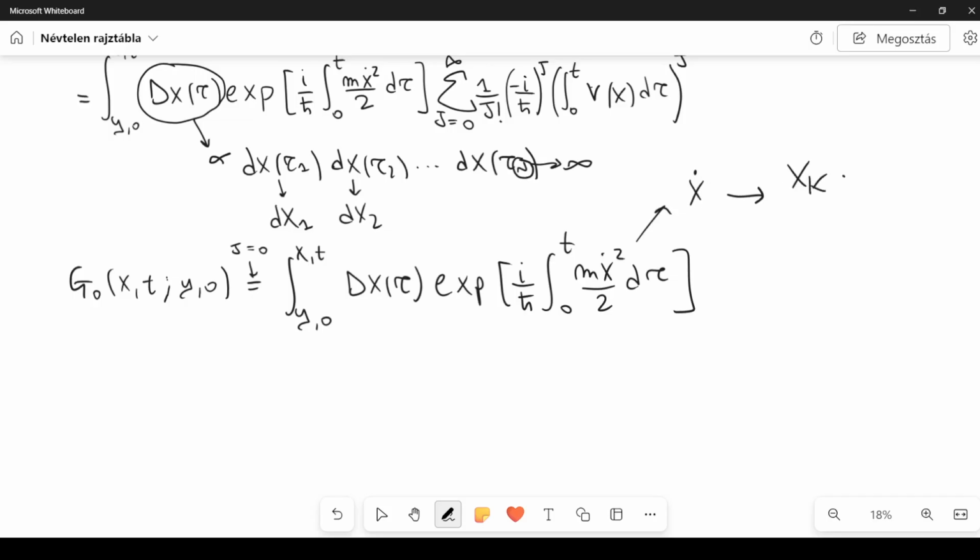So we have something like x k minus x k minus 1 divided by some finite increment of time, delta t. So d tau will become delta t, or if you want a delta tau, in this case I'm calling the time variable t, and the integral will become a finite sum. So it's a summation, and it can be carried out.